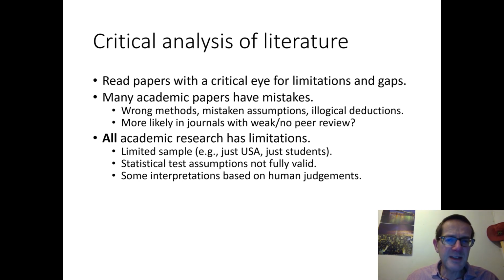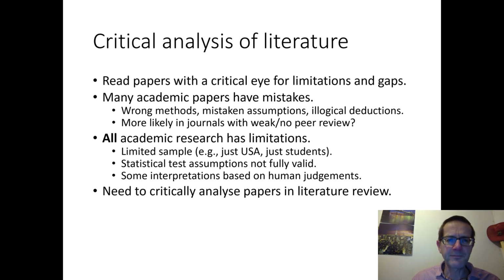The statistical test assumptions are almost always not fully valid, so there are some limitations in terms of the statistical tests used, if any, and some of the interpretations might be based on human judgments, and then that has its own limitations. So different humans might have produced different interpretations. And with some methods, there are some standard limitations that have to be discussed, such as the researcher perspective needs to be discussed in most qualitative research.